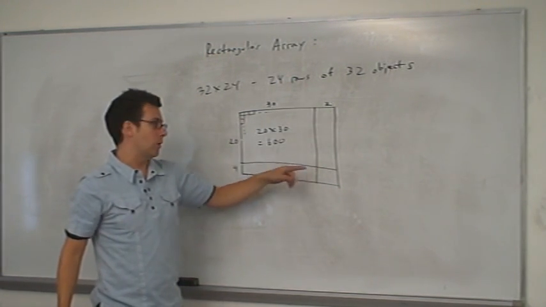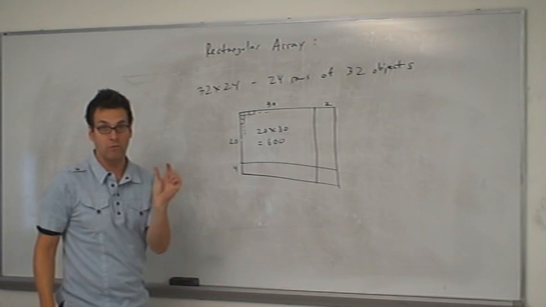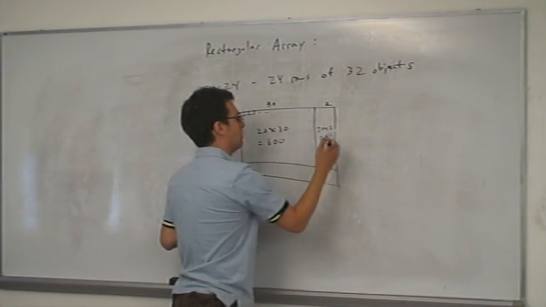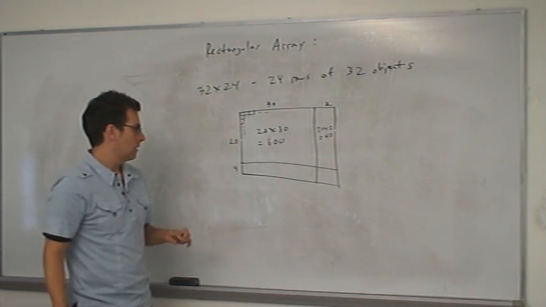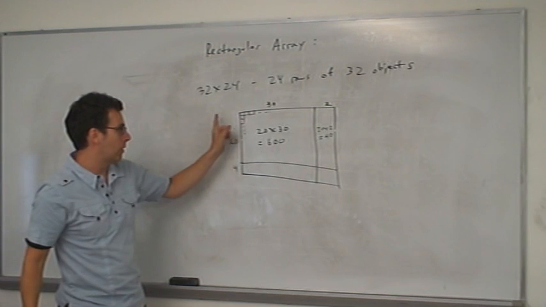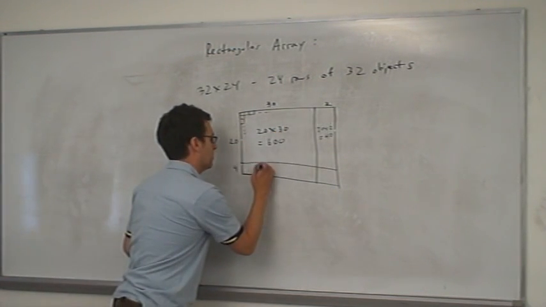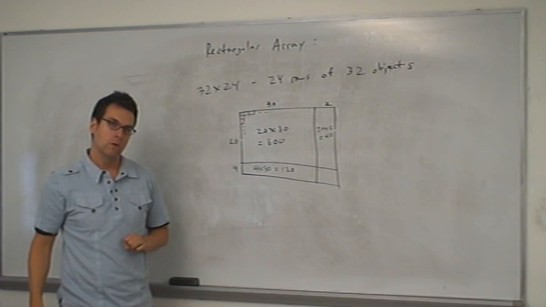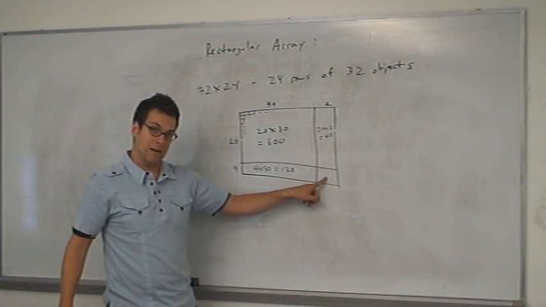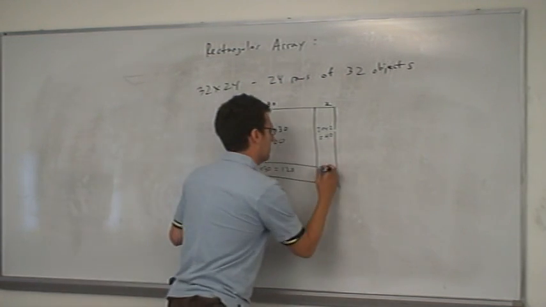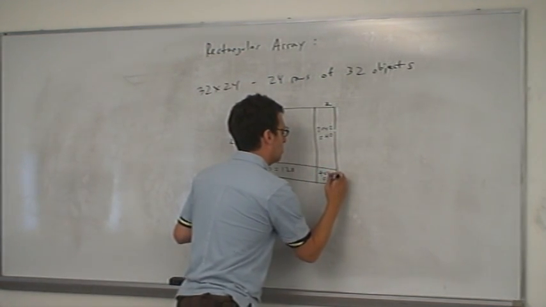In this tall skinny one over here, we have 20 rows of 2 boxes, which we interpret as 20 times 2, or 40. In this flat rectangle down here, we have 4 rows of 30 boxes, which we interpret as 4 times 30, which is 120. And lastly, in this little box down in the corner, we have 4 rows of 2 boxes, which we interpret as 4 times 2, or 8.